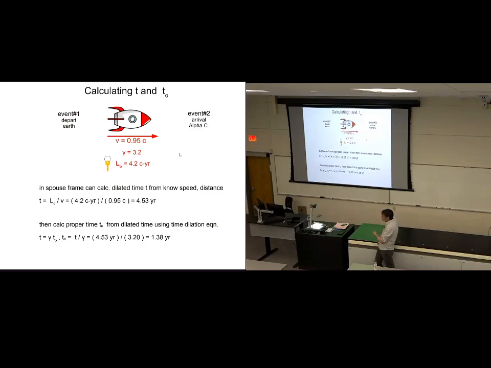I know the distance between the Earth and the star. That's that proper distance that I see the spaceship take. And I know the speed that the spaceship is traveling at. So all I've got to do to calculate the time in my reference frame is divide the distance traveled, which I'm told, by the speed. And I calculate 4.5 years.